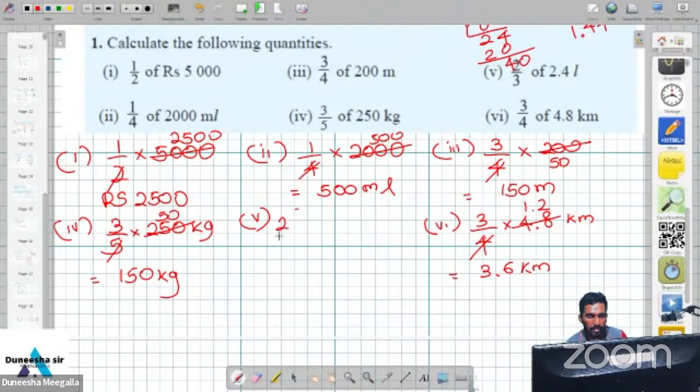Yes, sir. 2/3 you have to multiply by 2.4. Then what is the 0.8? Then 1.6 liters, is it? Yes, sir. Okay. I saw it as a 5 over. Sorry, 2/5. I saw.